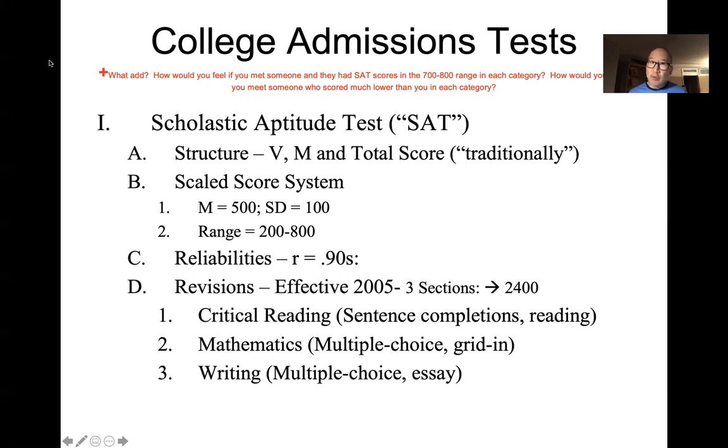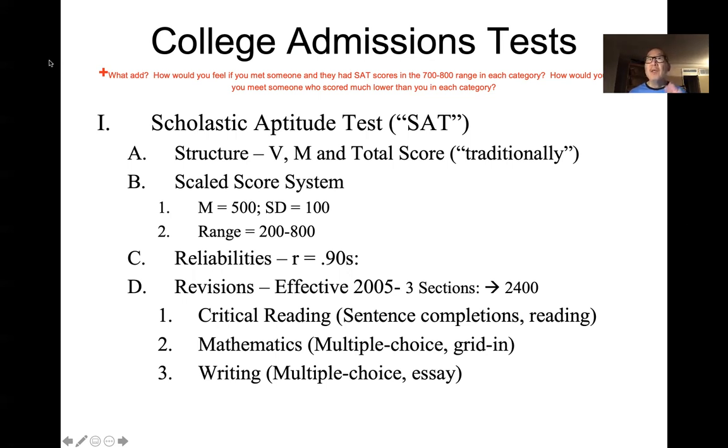Then you take it 2 or 3 standard deviations and so on, which results in an SAT score range between 200 to 800 for verbal, math 200 to 800, and the same with the total. That's what most people are familiar with. You may recall having a verbal score somewhere in that range, and people talking about their math being in a certain range, and then their total.